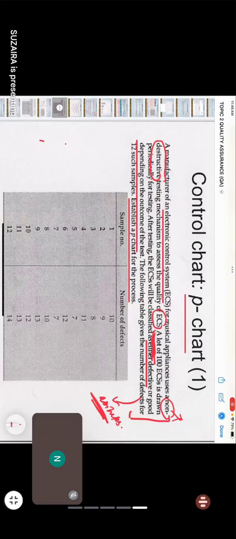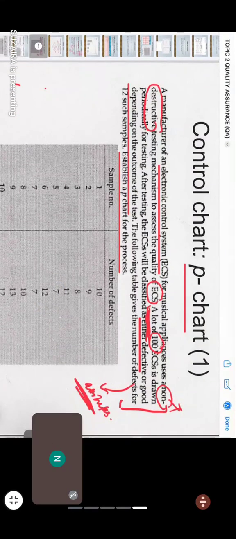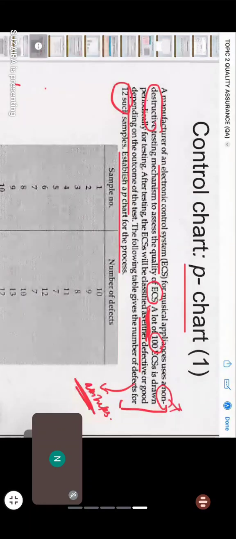So a lot here consists of 100. So 100 is drawn, and from that 100, they only choose 12 samples. The following table gives the number of defects for 12 such samples. And here they ask you to establish a P chart for the process.